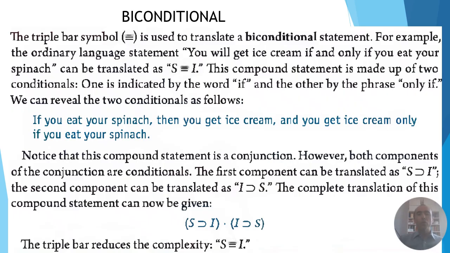S horseshoe I dot I horseshoe S. The triple bar reduces the complexity and expresses the conjunction of these two conditionals as just the following statement. S triple bar I.